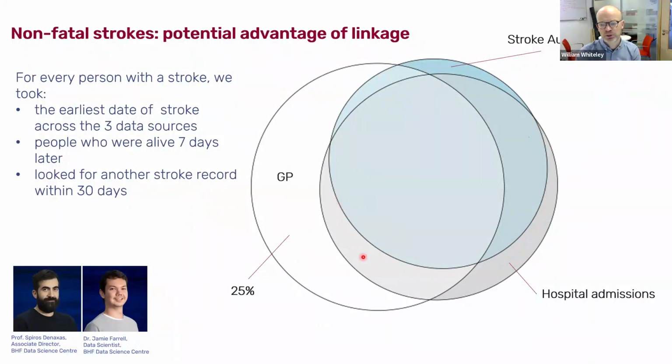There are a number of people who can only be seen in the hospital admissions data, or can only be seen in GP data. It's about a quarter of people where there is a record of stroke who are only seen within GP data. So looking at these linked data sets is going to give us a much better idea of stroke in its entirety across the United Kingdom.